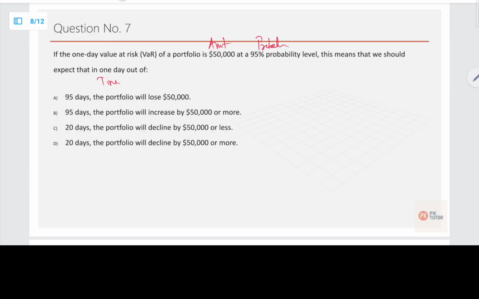So out of 100 days, 95 days, if you see, the loss will be less than 50,000.